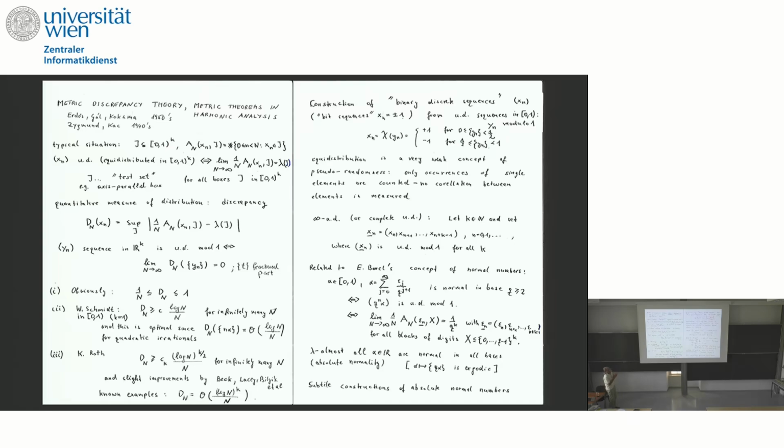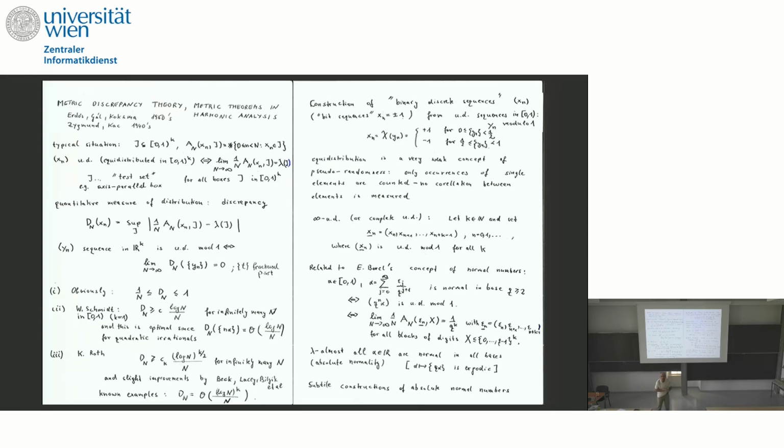Okay, so let me start. Since this is an introductory lecture, I start from scratch. Let me start with the basic notions. I will focus on the very typical situation that we have points in very simple regions, say in the k-dimensional unit cube, and we count the points lying in given test sets.